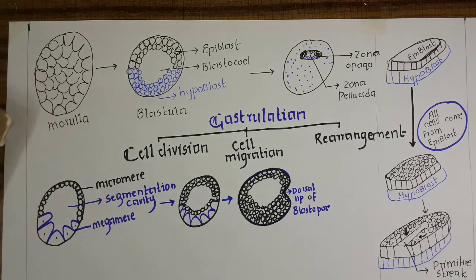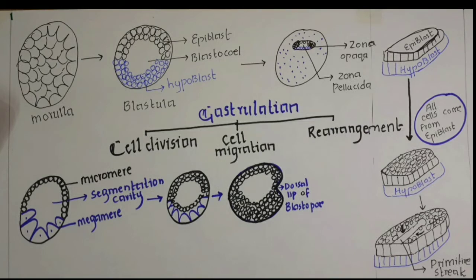and this is called the primitive streak. You can see here I have shown in the diagram the cells from both sides coming downward. So in the dorsal lip of the blastopore of the frog, the cavity is moving inside, and in the primitive streak the cells are moving inside, so they are both functionally equivalent.